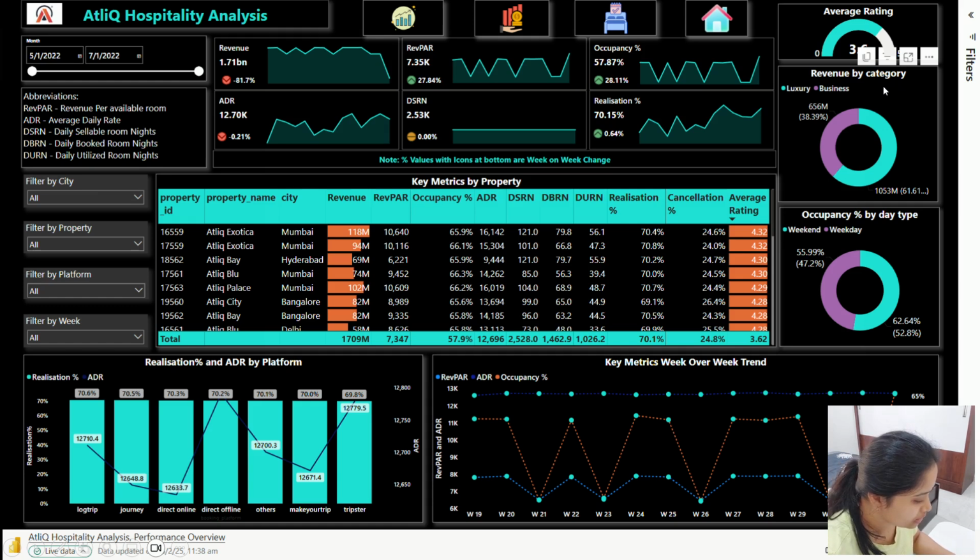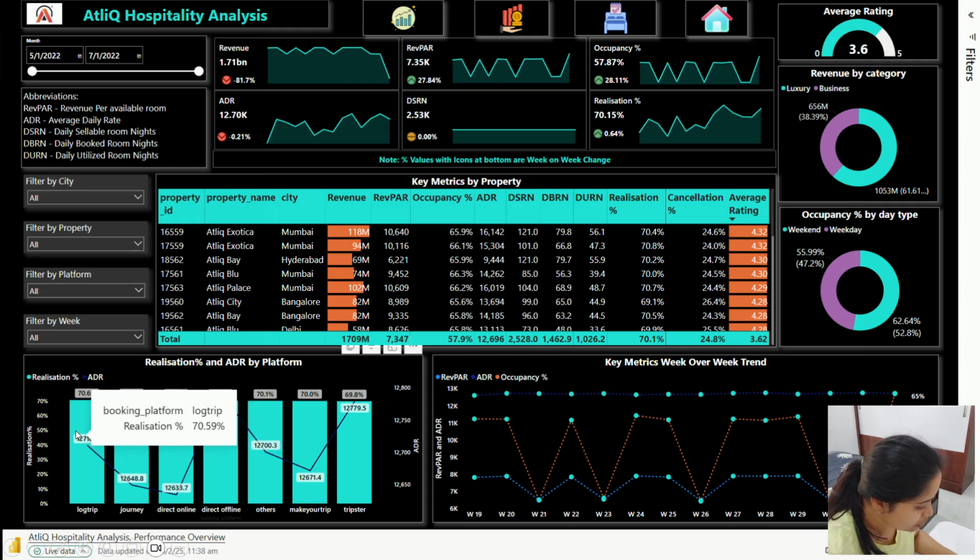We can see here that the luxury segment gives almost 62% of revenue, and this shows occupancy percentage. The weekends seem to give us more revenue, perhaps due to holidays, and since we get more from the luxury segment, it is likely from travel. Then we have here a bar chart about realization percentage and ADR by platform.